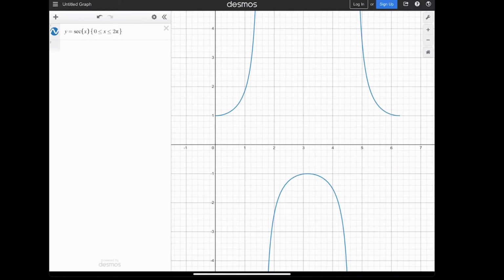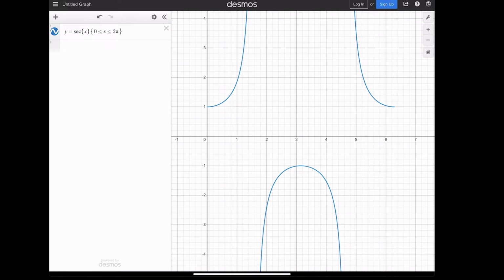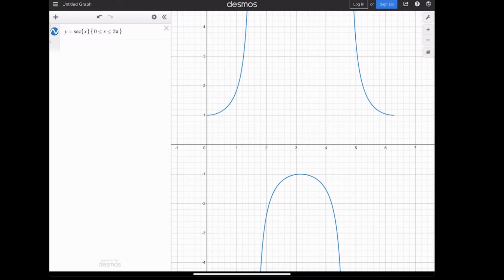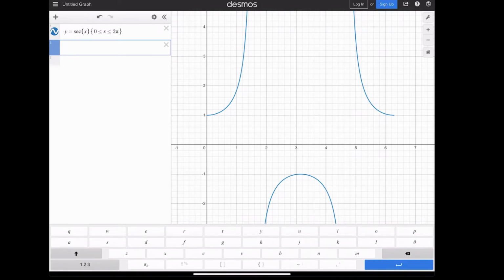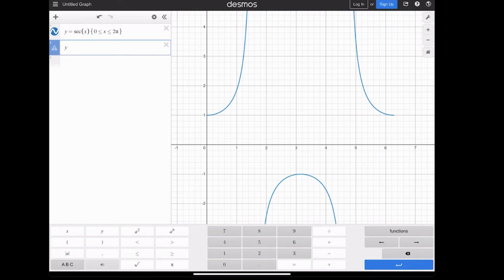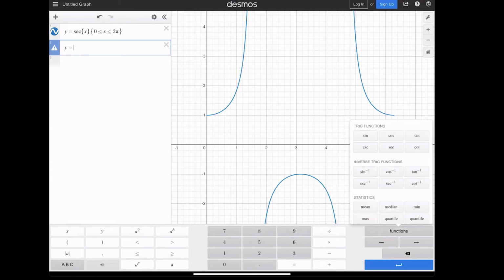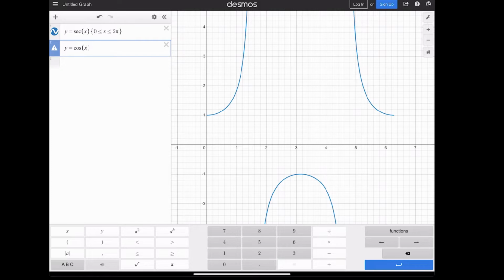Okay, you guys see what I'm saying in blue? What do you guys see here? You should see exactly what I wrote. And if you said this, I want you to compare and contrast. Y equals the cosine curve. Again, from what? 0 to 2 pi.